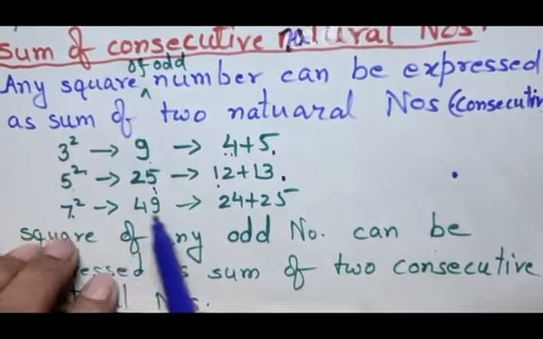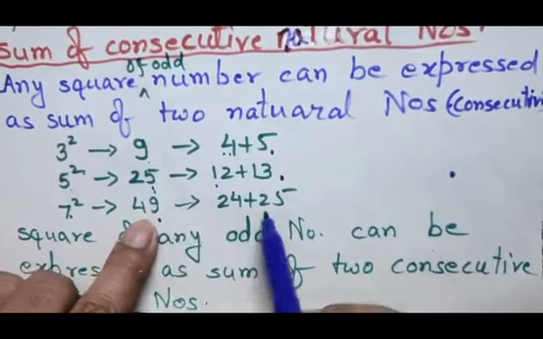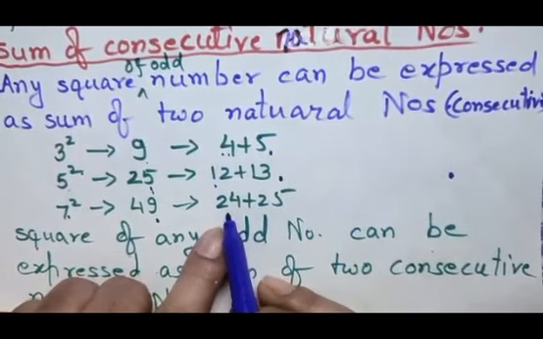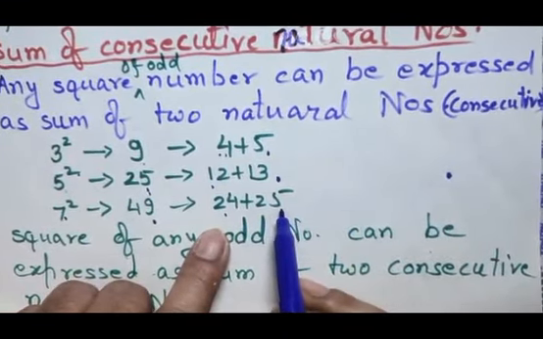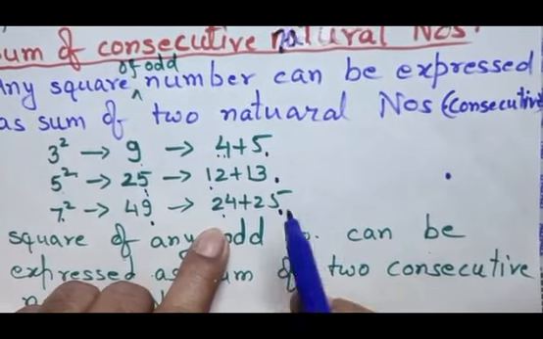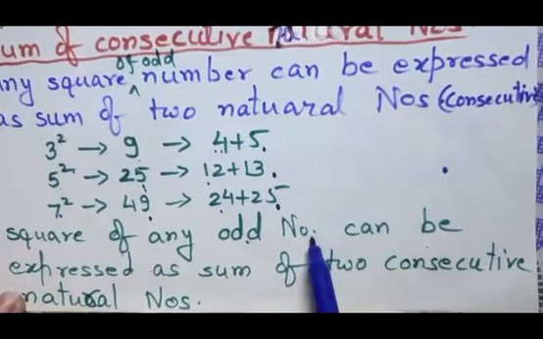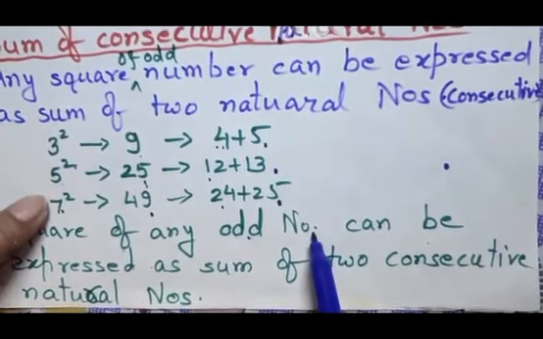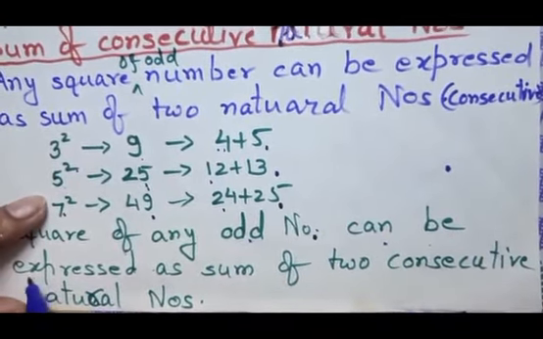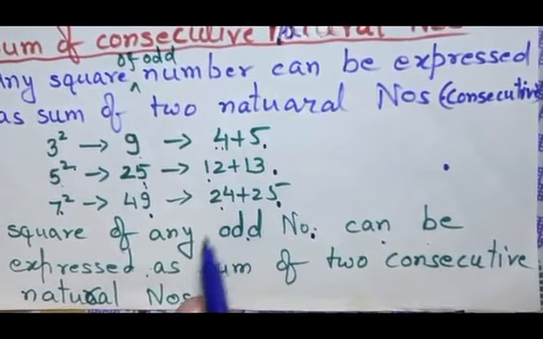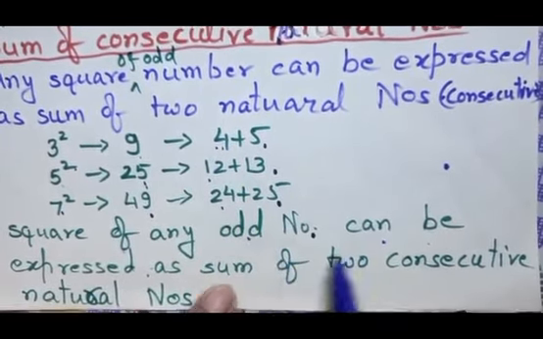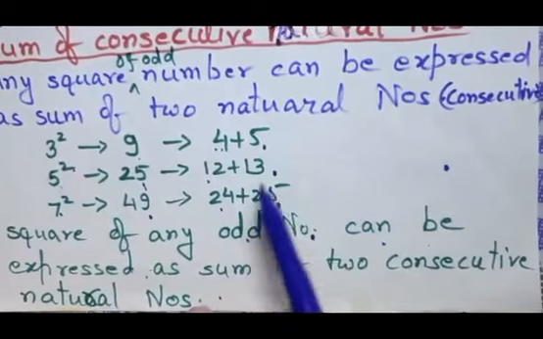The square of 7 is 49. 49 can be expressed as the sum of 24 and 25. So it concludes that the square of any odd number can be expressed as the sum of two consecutive natural numbers.